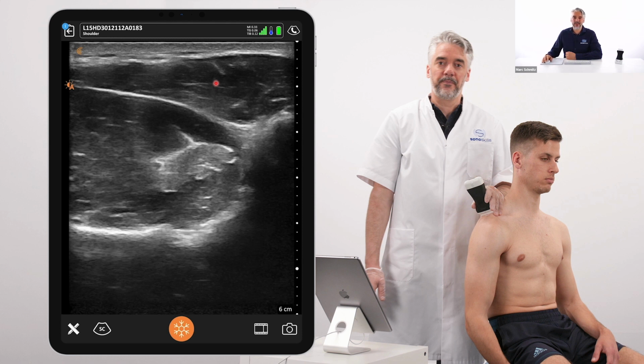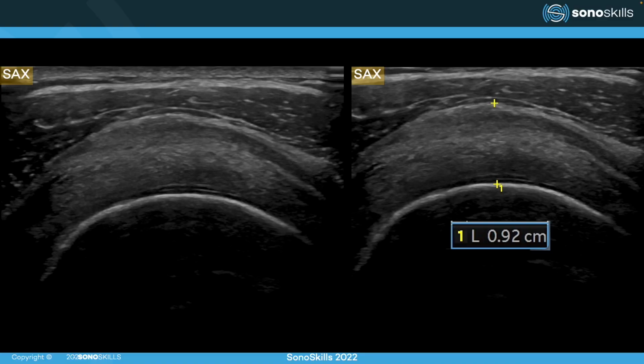That's the trapezius muscle. They should be similar. With fatty infiltration, the supraspinatus becomes really hyperechoic. Checkpoint 3 is how clearly you can see the bone. If you have more fatty infiltration, the bone line will disappear or will be less visible. So those are your 3 assessment points.